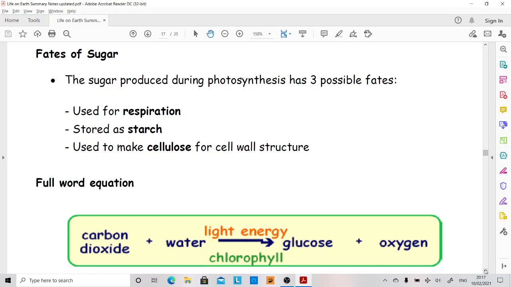Chlorophyll is the green pigment in the plant. Light energy has to be there to start off, so this doesn't happen in the dark. If we've got the 2 ingredients, carbon dioxide and water, often called the raw materials, things you can just get out of your environment as they are, and these essential requirements here, we will get the glucose and the oxygen.